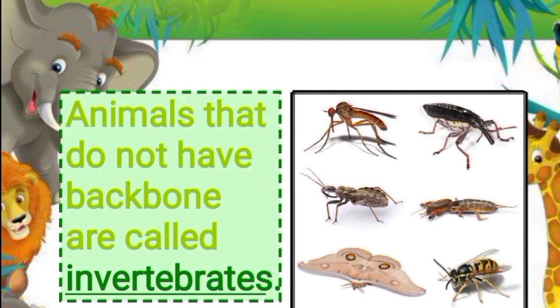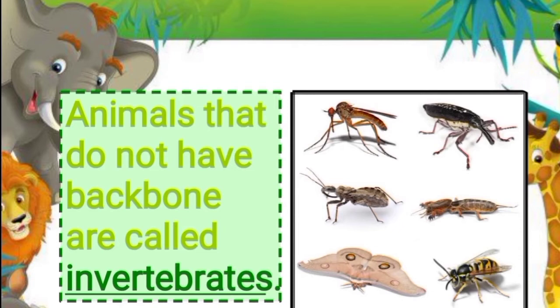Invertebrates come in all different shapes and sizes. So, animals that do not have a backbone are called invertebrates, for example, insects such as cockroaches and ants, worms, and mollusks such as slugs and snails.